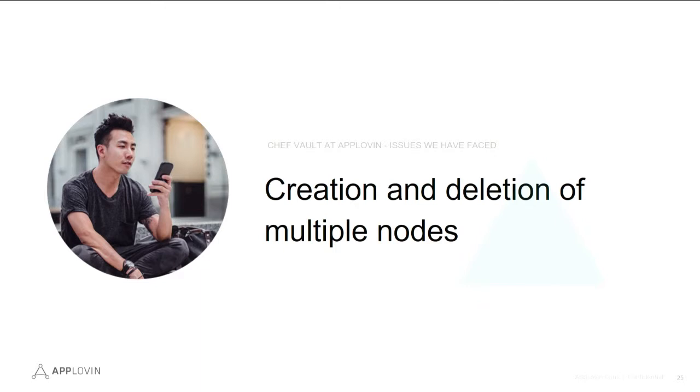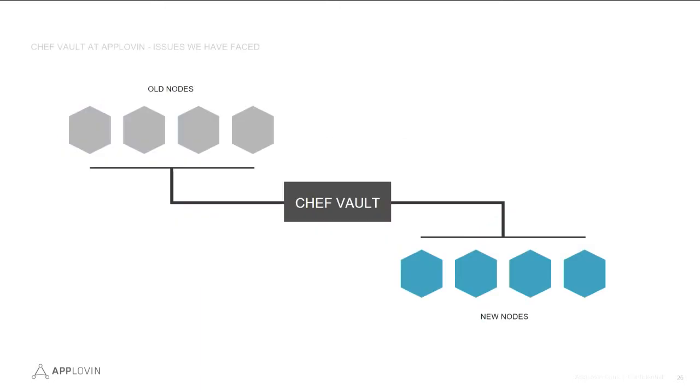So let's get to the specifics of what issues we've faced at AppLovin and how we've solved them. In a large-scale distributed system, you can have thousands, tens of thousands of nodes, and an elastic infrastructure with a constantly changing number of nodes.